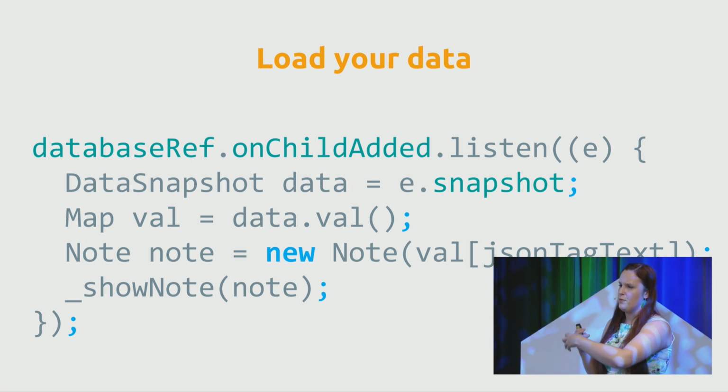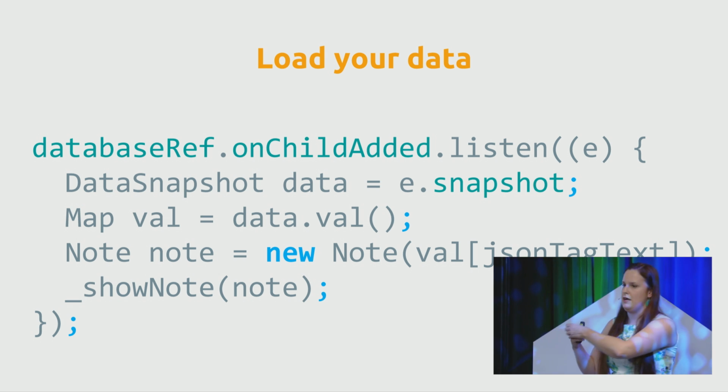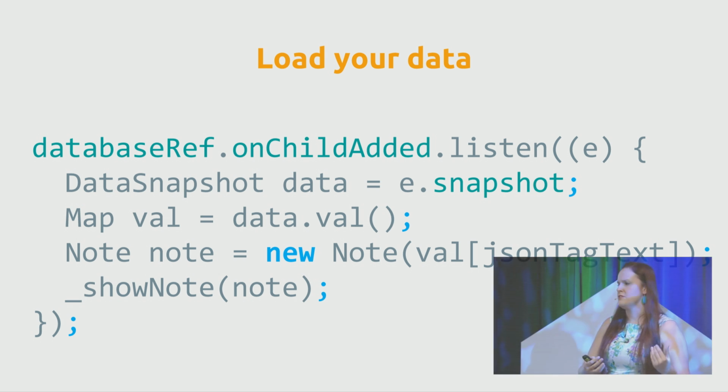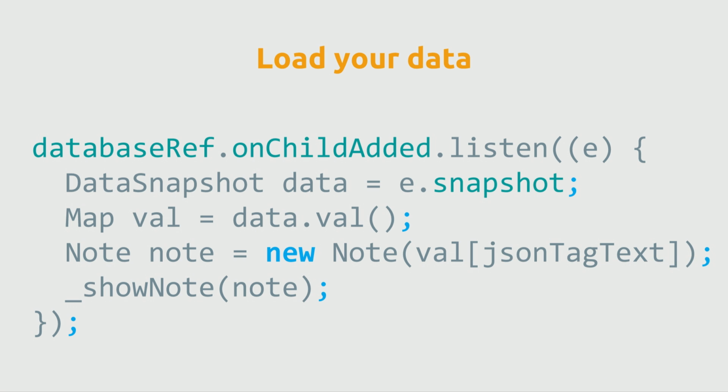On our database ref, we take the onChildAdded stream, and then we start listening to that stream. If new data are added to our application, a new note is added, then we get to the listen part, we get the snapshot of the data, then we can get a value from it, which is a map. And we can, for example, create a new note and show it. So that was simple.